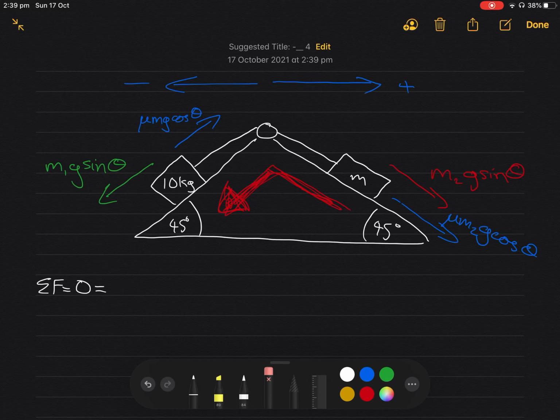You can see what our forces are: negative m1 g sine theta, plus mu m1 g cos theta, plus m2 g sine theta, plus mu m2 g cos theta. So that's how they all work.